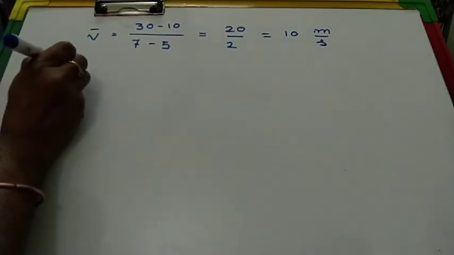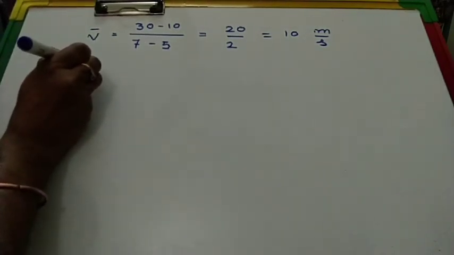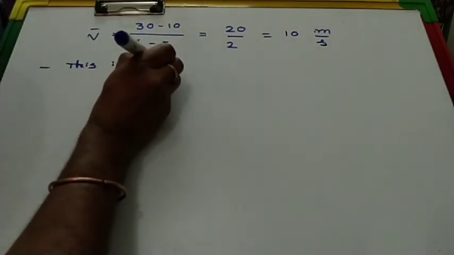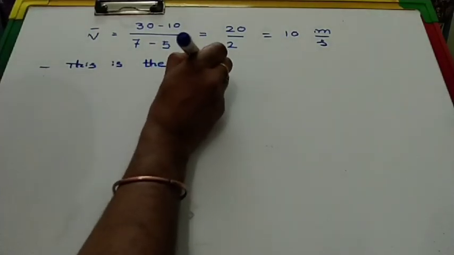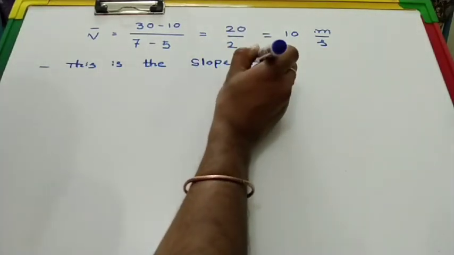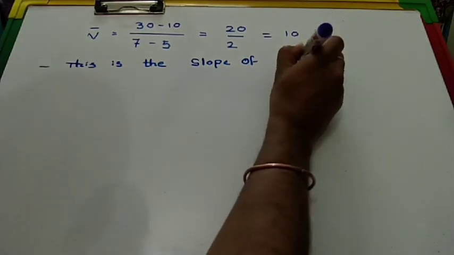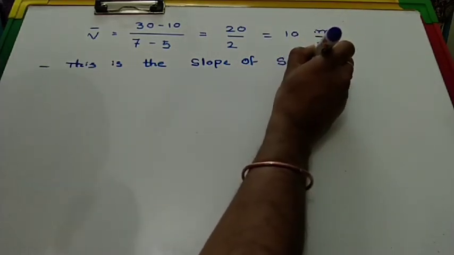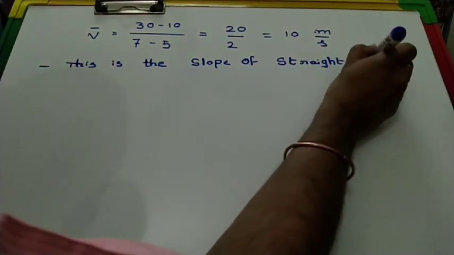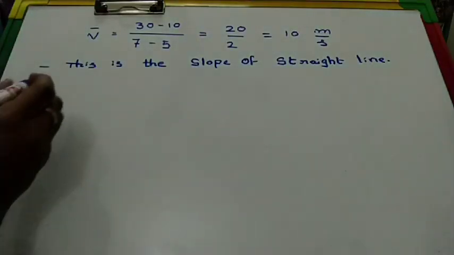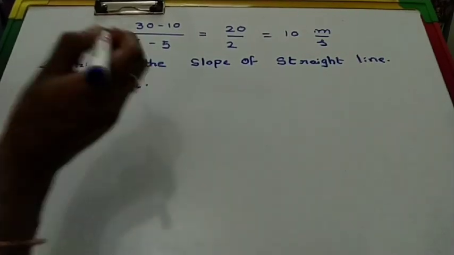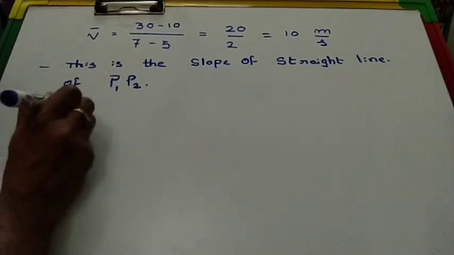This is the slope of the straight line P1 P2.